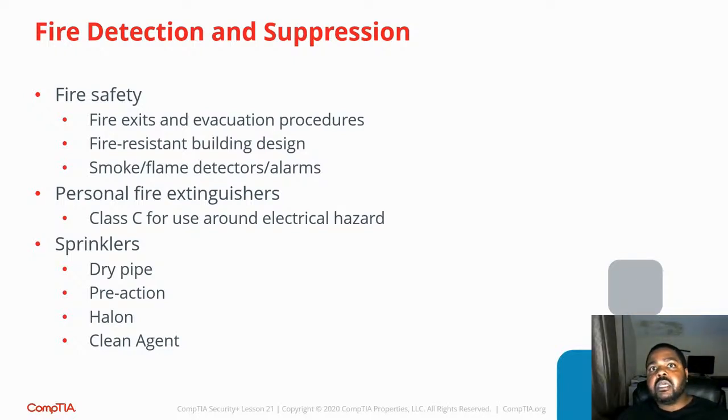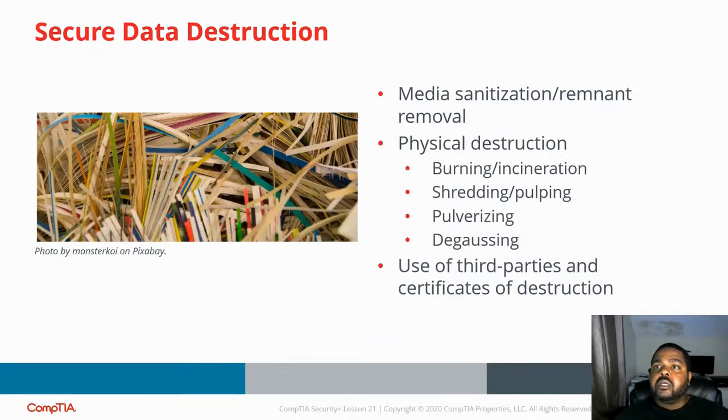But at the same time, it will kill anyone who's in that room. So you want to make sure that you preserve the life first. I would say use a water suppressant and then have a backup or some type of cloud solution to always revert back to if a fire were to happen.